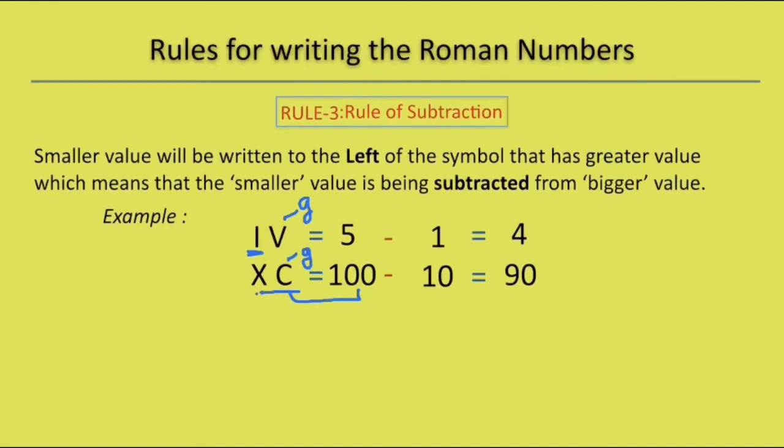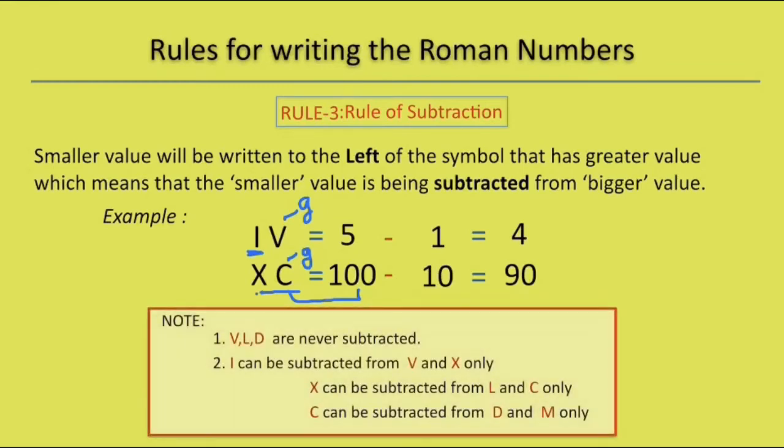So you will get 90. Remember students, V, L, D are never subtracted. I can be subtracted from V and X only. X can be subtracted from L and C. C can be subtracted from D and M.